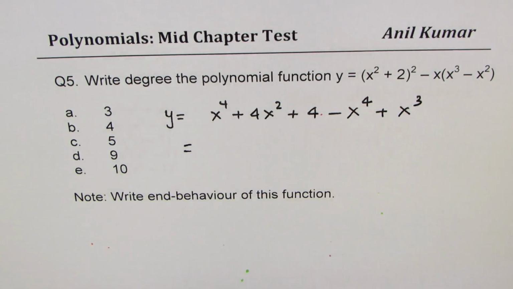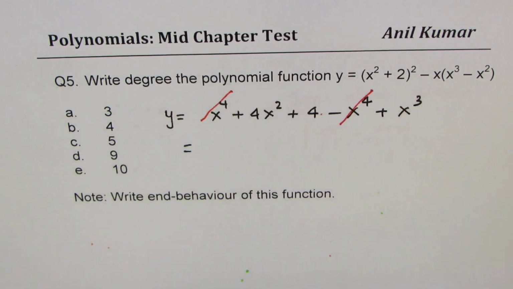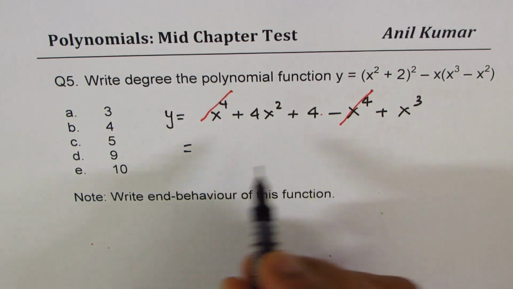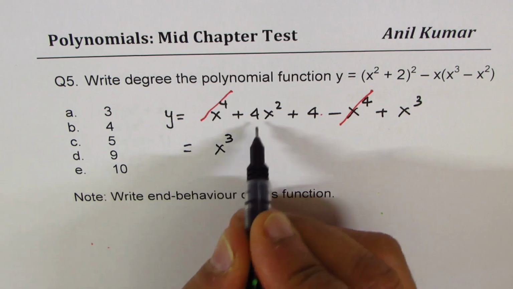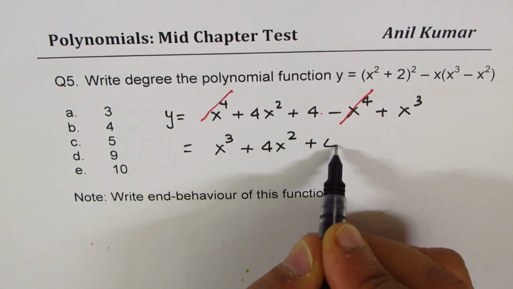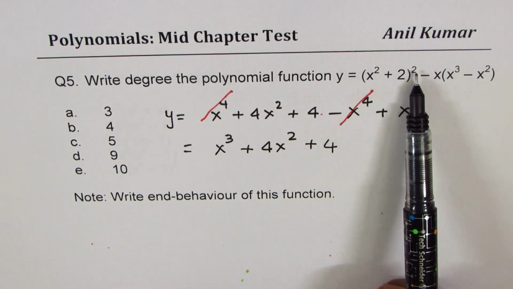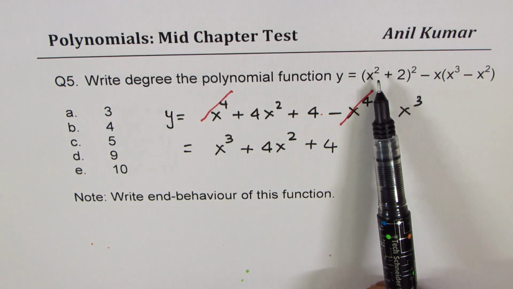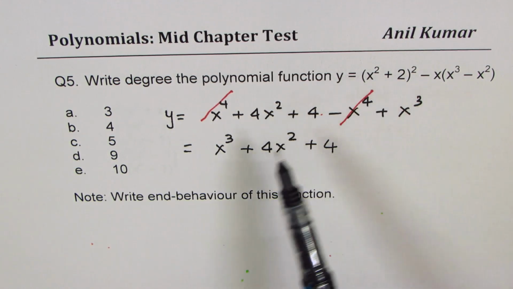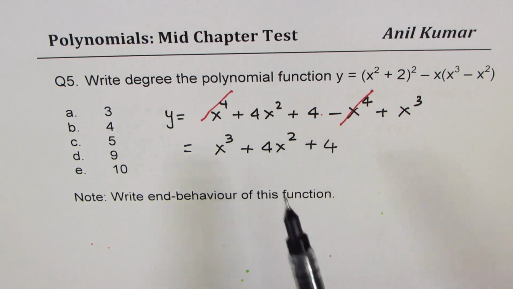Now what you notice here is that x to the power of 4 and minus x to the power of 4 cancel. And so we are left with x cubed plus 4x squared plus 4. Now if you are in a rush, you will write 4 as your answer, correct? Clearly you can see that the degree is 3 because that term actually cancels off, right?